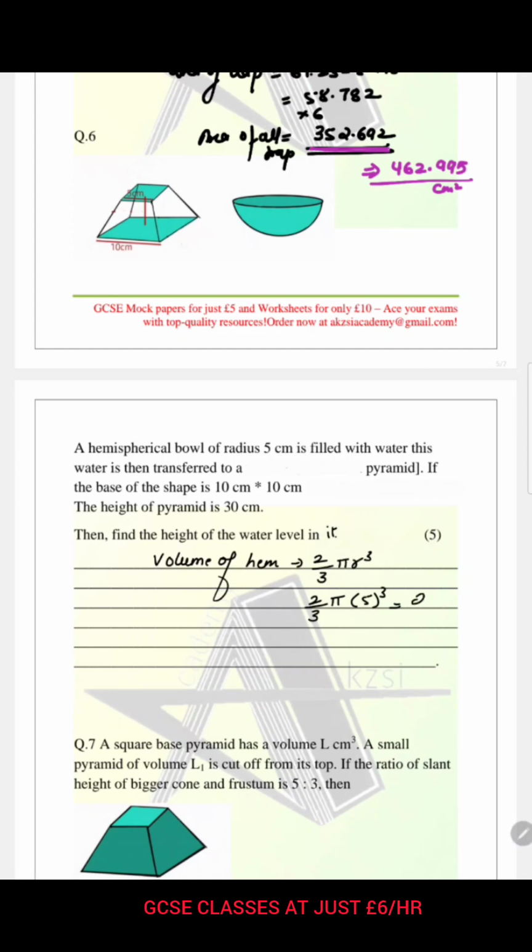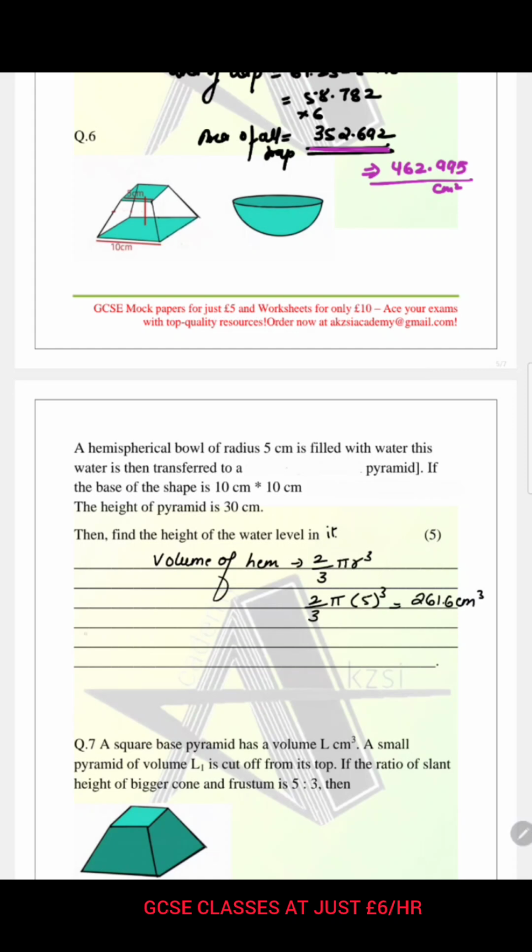This is 261.6 centimeters cubed. Now we have calculated the volume of water. That same water is then transferred to the frustum, and water takes the shape of its container, obviously. That means now the same volume is poured in a frustum, so that will become the volume of the frustum.